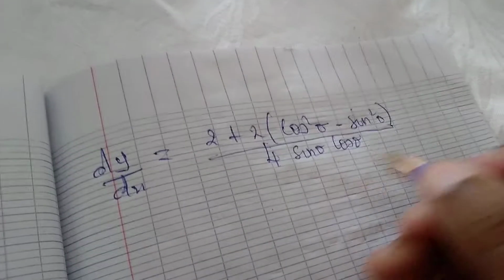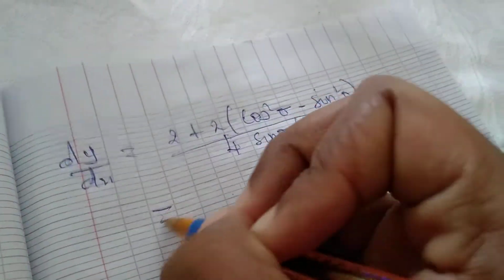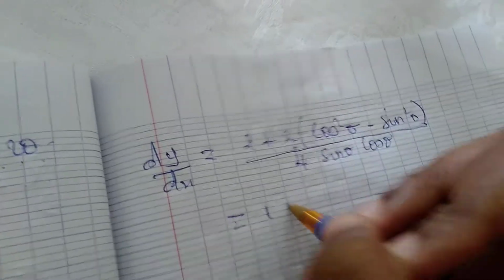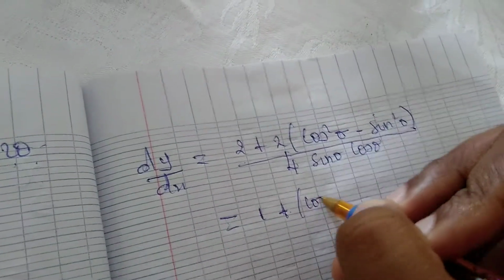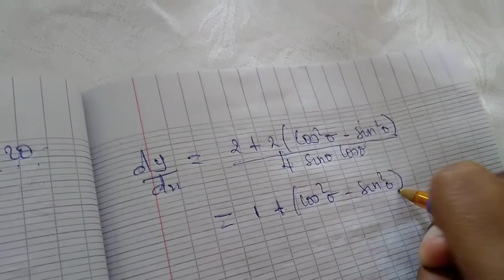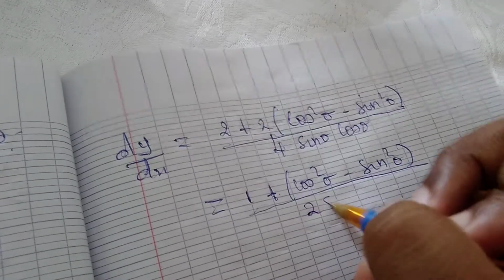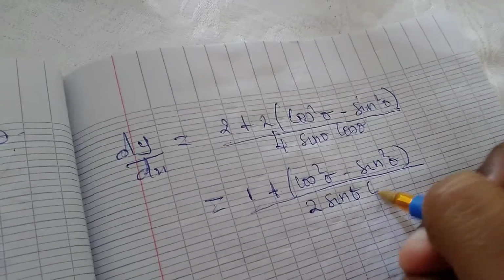So now I can simplify. If I simplify 2 out, I'll get 1 plus cos squared theta minus sine squared theta, all over 2 sine theta cos theta.